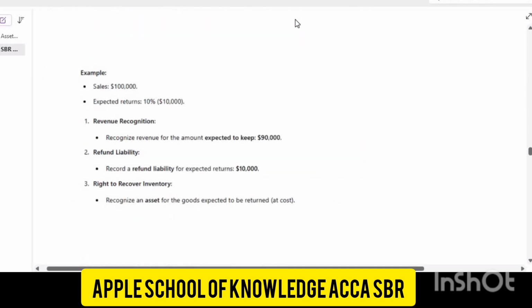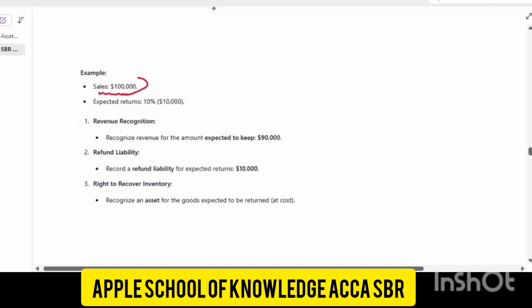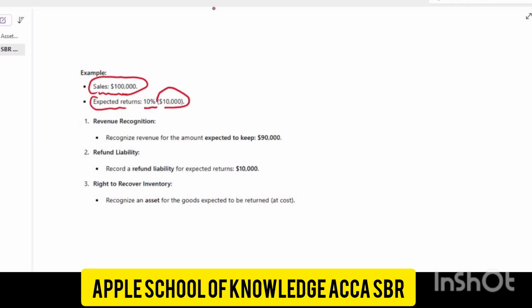Okay, you see here we have an example. Let's say we are selling products for $100,000, with expected returns of 10%, which means you expect $10,000 of returns. So you recognize revenue for the amount expected to keep, which is 90,000, and your recognized revenue is this amount. Now for the refund liability, you record the refund liability for the expected return, that is $10,000.